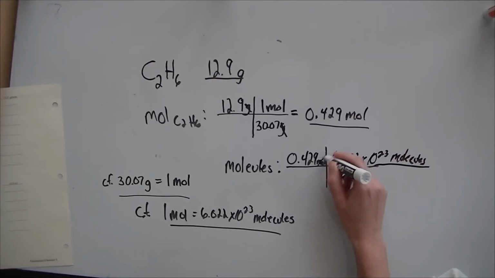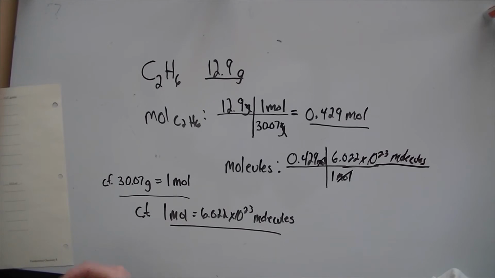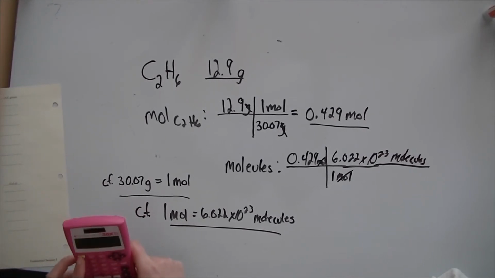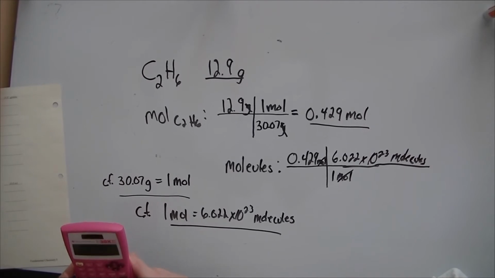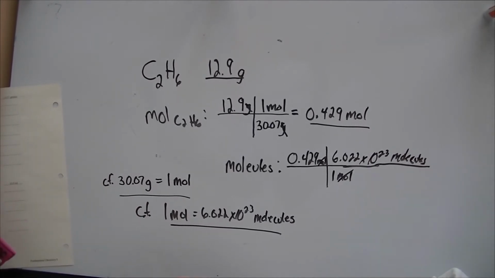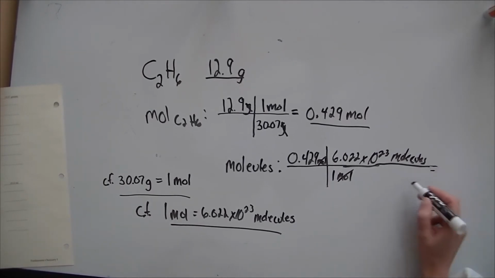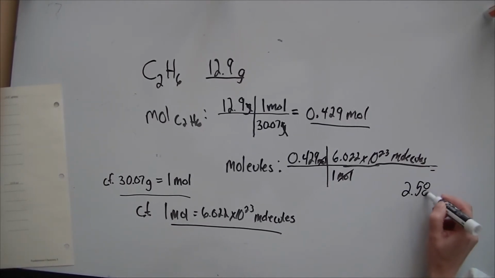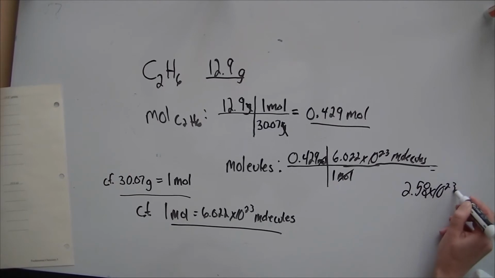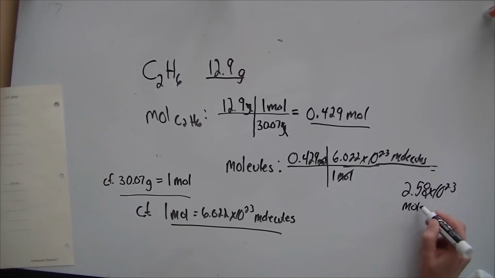My moles and moles cancel, and when I do that calculation, I get 2.58 times 10 to the 23rd. The units on it are molecules.